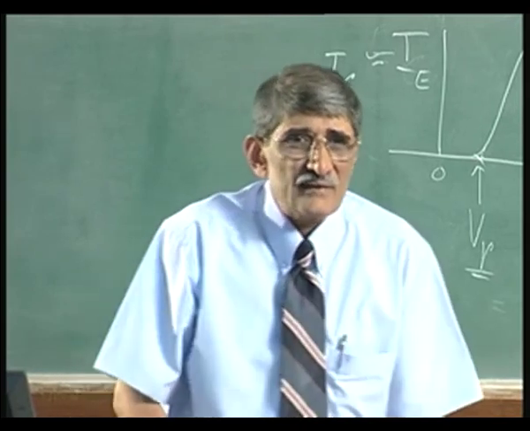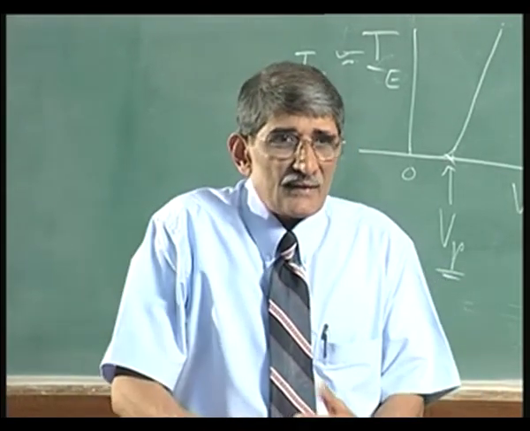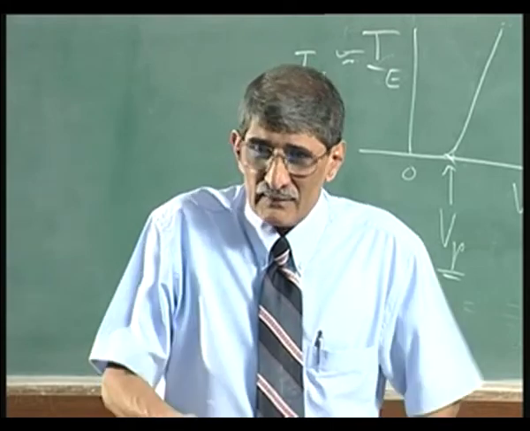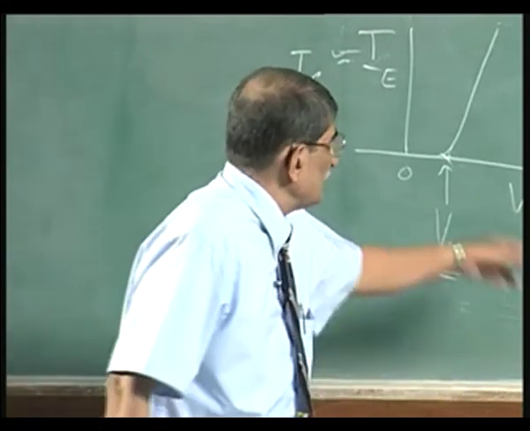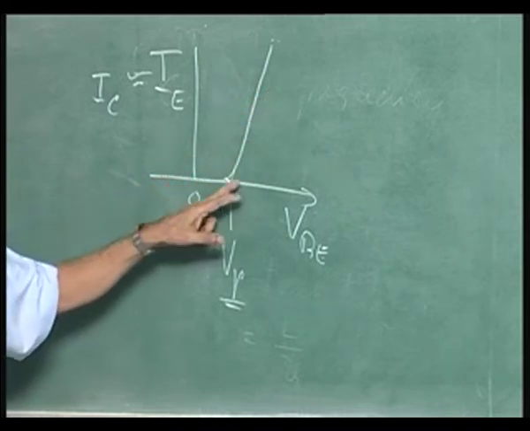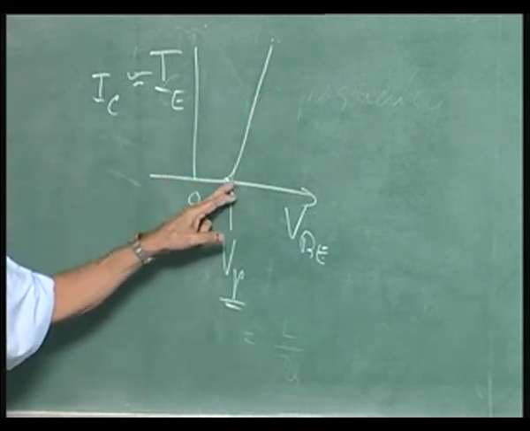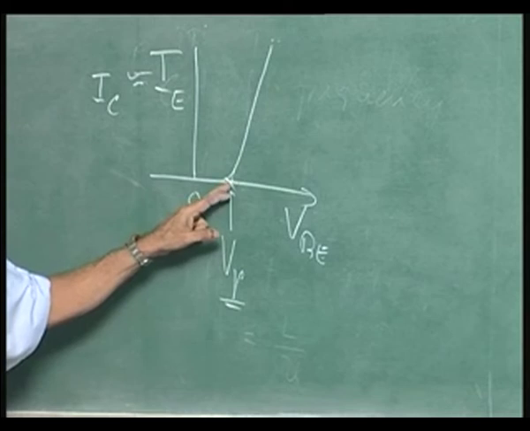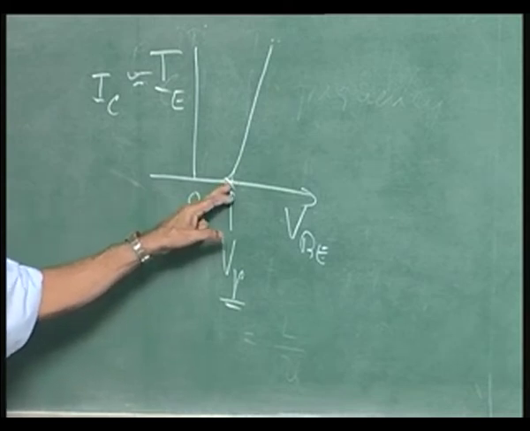After all, in the case of MOSFET or HEMT also, current is not 0 when you go to threshold voltage, current is there, but it is small compared to the operating point. So, cut-in voltage 0.65, 0.7 for silicon, about 1 volt for gallium arsenide PN junction.